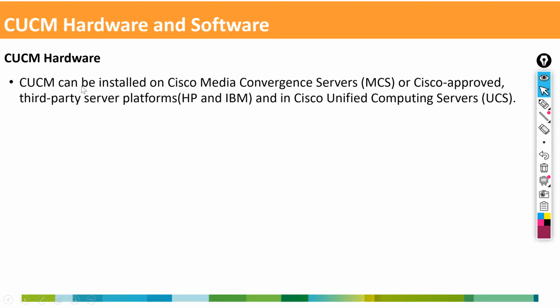CUCM can be installed on Cisco Media Convergence Server, that's called MCS server, or a Cisco approved third-party platform, that is HP and IBM, and on Cisco Unified Computing Servers. We have two hardware, UCS server and MCS server. MCS is the old server.